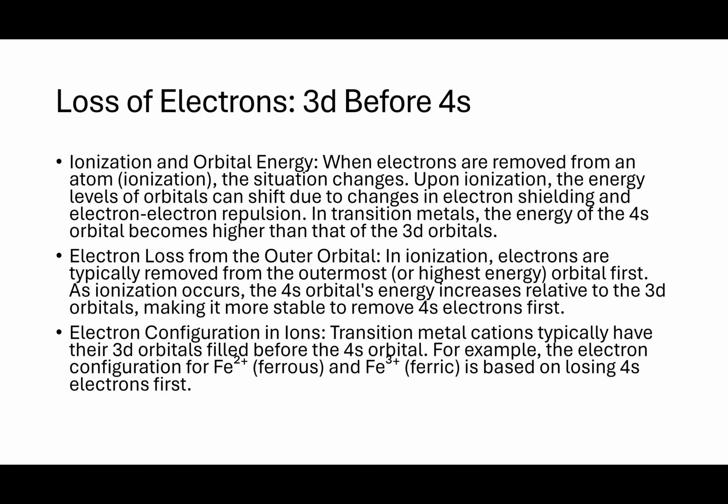In point two, as ionization occurs, the 4s energy increases relative to the d orbitals, making it more stable to remove 4s electrons first. Removing from the 4s orbitals leads to a more stable configuration than removing from the 3d.